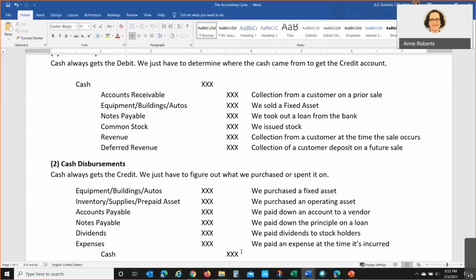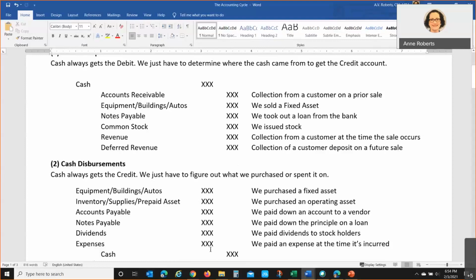Right. Okay, so now let's flip it. You're the insurance agent. Now you're looking at it from the insurance agent's perspective. I write you a check for $600. At the point where I write you a check for $600, you're now going to record deferred revenue and you're going to collect cash.